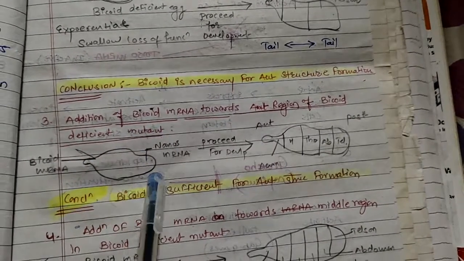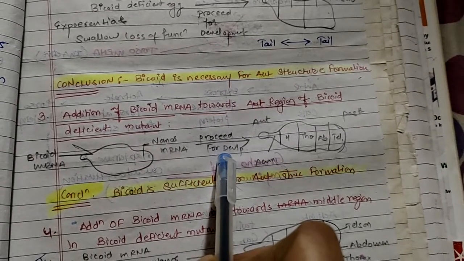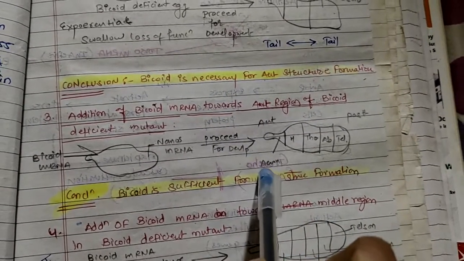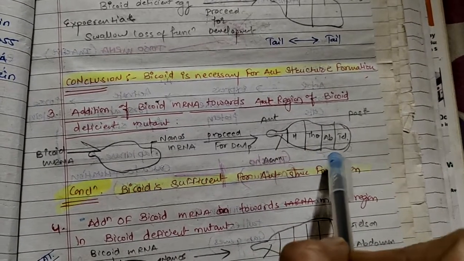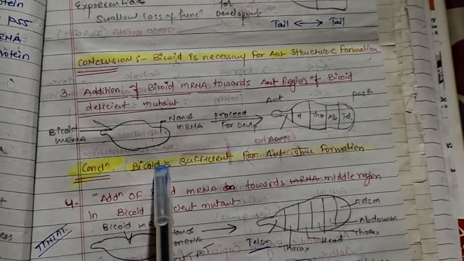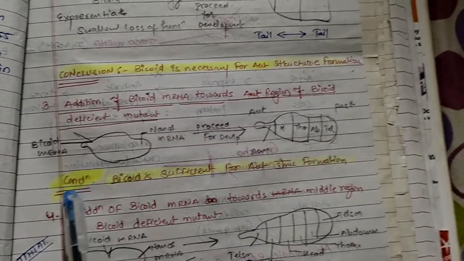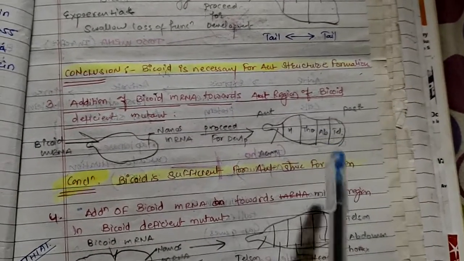Earlier it was mutant, so in this mutant we have added bicoid, so normal structure is expected to form. You can see acron, head, thorax, abdomen and telson has formed over here. So what we can conclude from this is bicoid is sufficient for anterior structure formation.